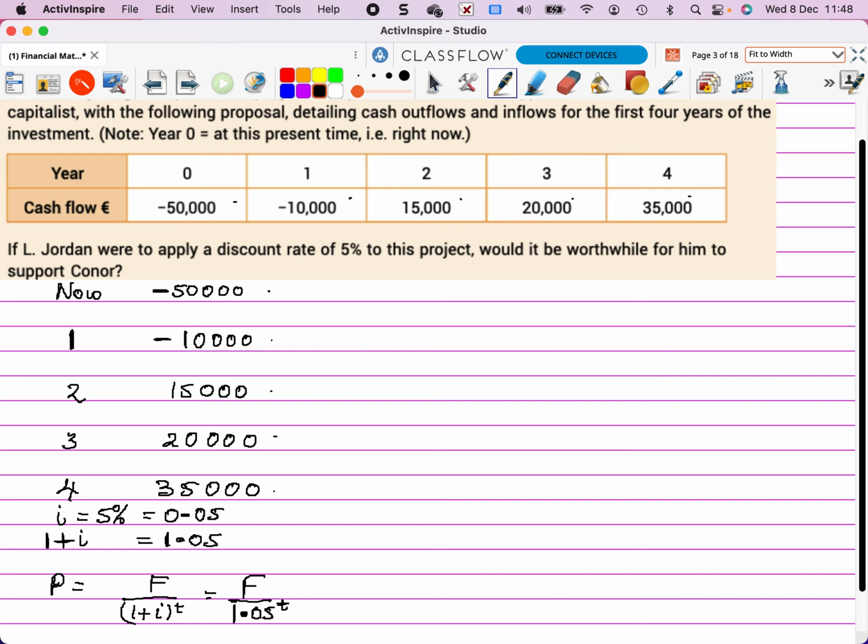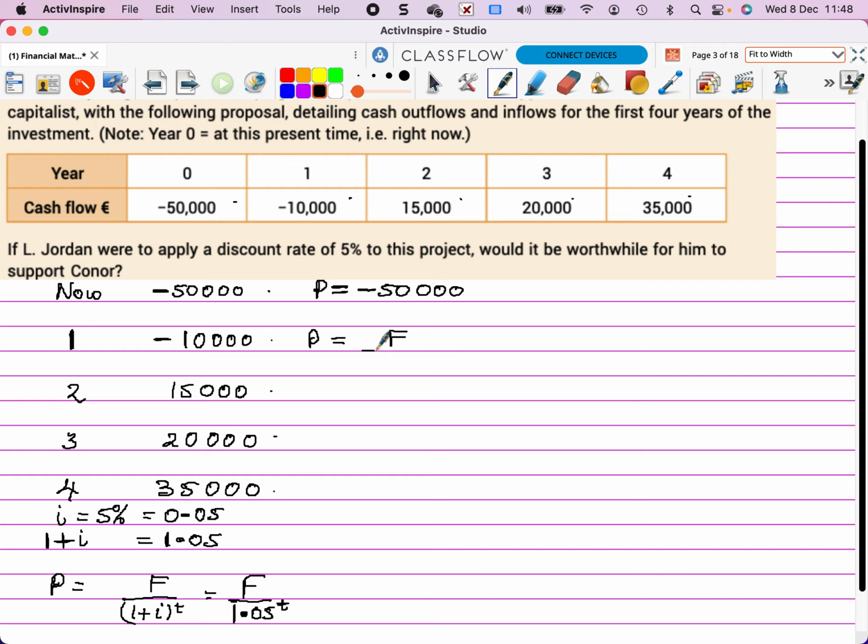So now, I'm going to write down, well, what's the present value for this one? Well, that's simple because that is now. So for the present value for this one, there is no work to do. It's minus 50,000. What's the present value for this one? Well, I'm going to quote the formula.